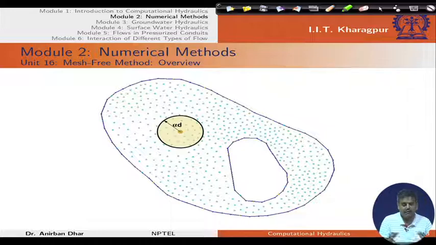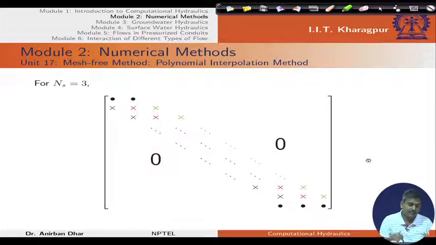We can start the problem with a number of points which are randomly scattered within the domain under consideration. In the mesh free method we have seen that the polynomial interpolation method is equivalent to our finite difference method if we use ns equals to 3.